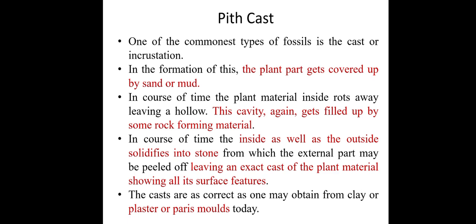After a period of time, inside as well as outside, there is a formation of solidified stone, and the external part peels off, leaving an exact cast of plant material, showing all its surface features.